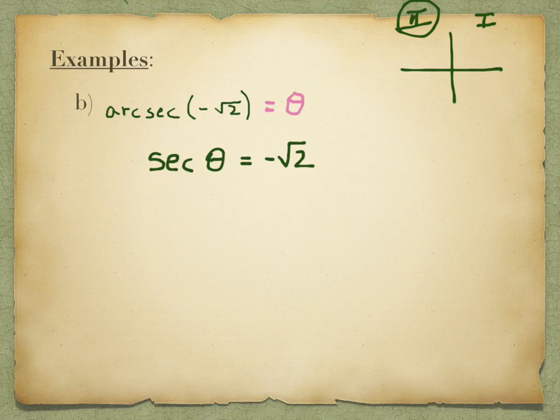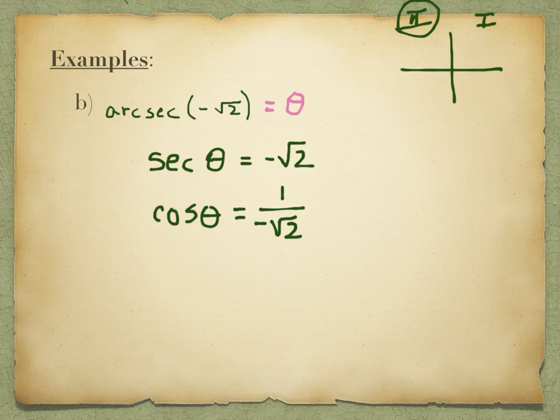So if I change secant into cosine, I did a reciprocal, which means I would also do a reciprocal on the other side of the equation. Well, the reciprocal of negative square root of 2 is, oops, I wrote it wrong, is 1 over negative square root of 2. Agreed? I did the reciprocal on the left, secant became cosine. I did the reciprocal on the right, which I did a 1 over.